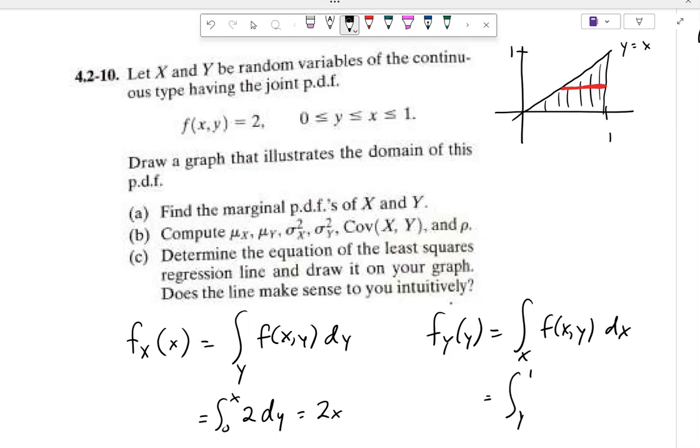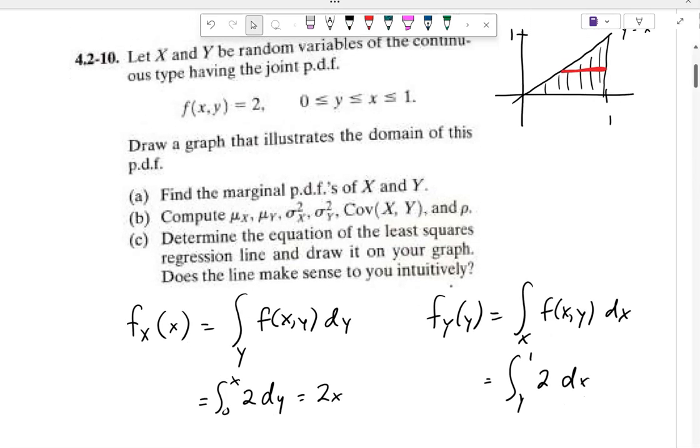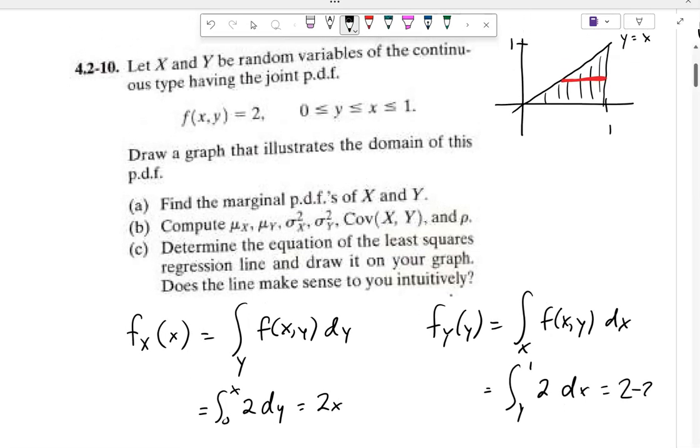The lower bound is x equal to y. The upper bound is x equal to 1. Same function, we're integrating with respect to x here. And in this case, you'll get 2 minus 2y when you're done, or 2 times 1 minus y, whichever way you want to think about it. Are we okay with the marginals?